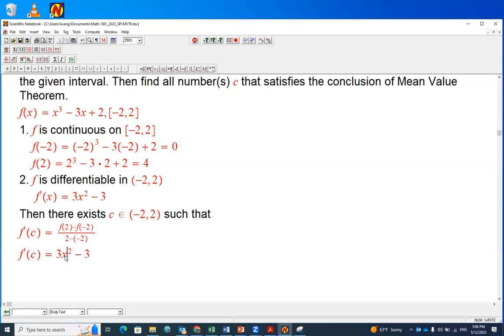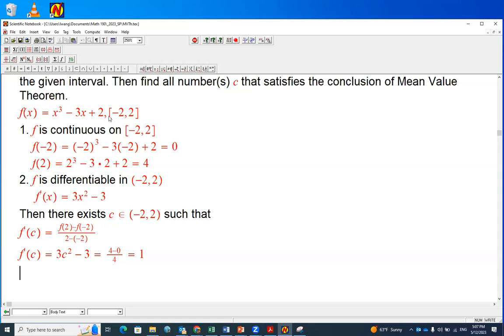So this is going to be 3 times c squared. So that would be the derivative at c that equals the right-hand side. So we're going to put the numbers in place. So f of 2 is 4. f of negative 2 is 0. And 2 minus negative 2 is a 4. So the right-hand side is really just 1.